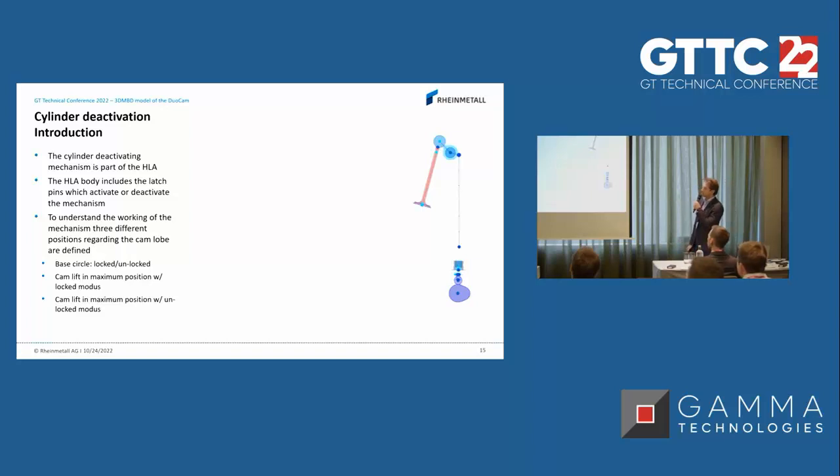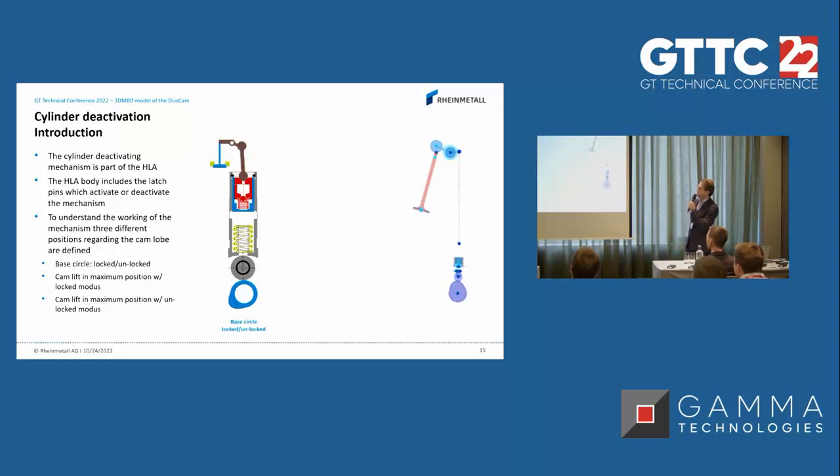So the main part of the mechanism is the HLA, and this is located in between the roller and the plunger at the top. In between, you can find the latch pins. The latch pins are for the base circle, in clearance to the lifter housing, and at the top you can find a stopping surface. This one absorbs the forces, so the HLA is not charged additionally.